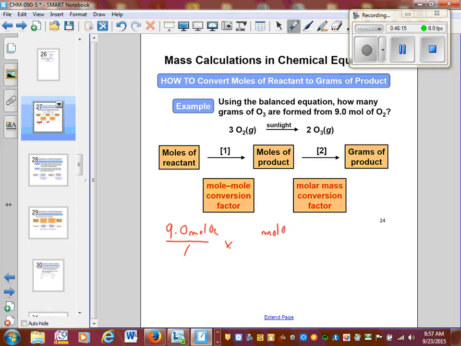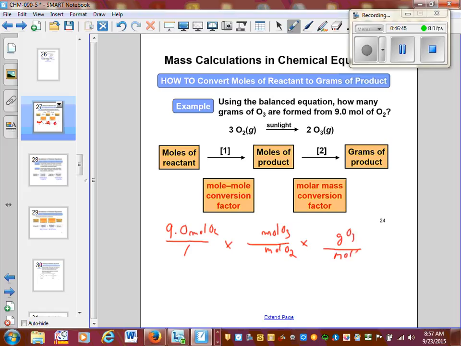Then from moles of B we go to, what's the next stop? Where are we ending? Grams of B. Grams of O3, where we've been was moles of O3. And we end up with grams of O3.